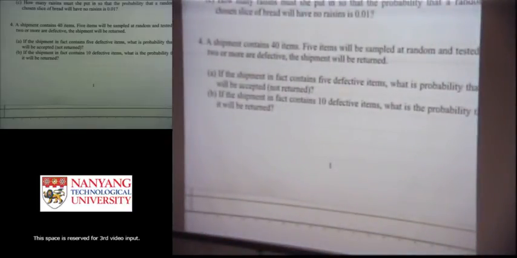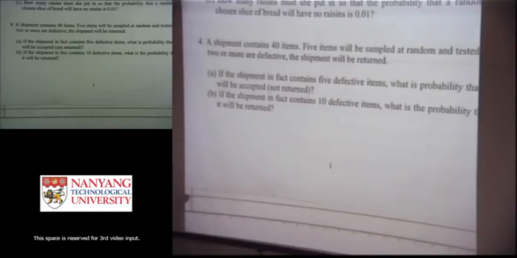These 5 defective items, so this is the value of R. You can calculate this value of capital N, value of R, and how many they choose. Oh, sorry, they choose 5. So 5 items is the sample size, and in these 40 items, 5 of them are defective.